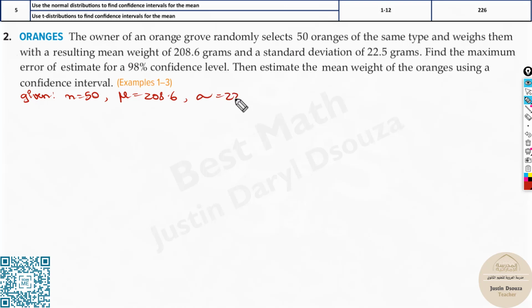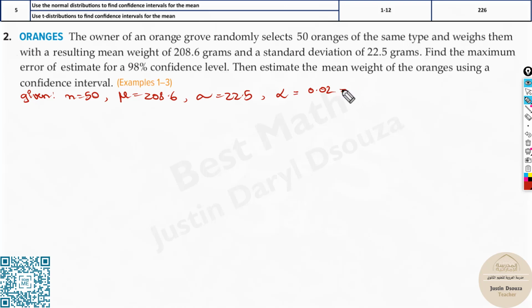Standard deviation is 22.5. For the confidence level, alpha is 0.02. Sorry, it's not 0.2, it's 0.02, my bad.